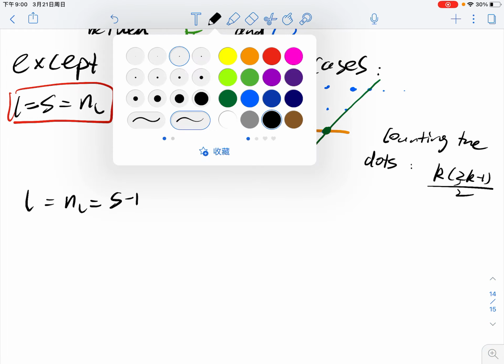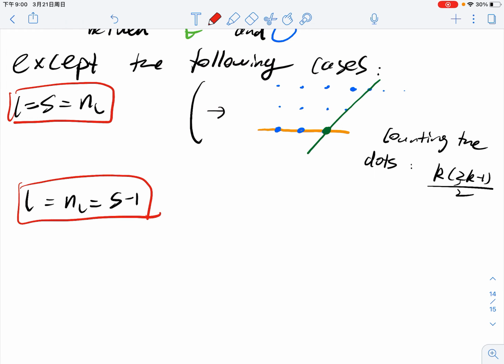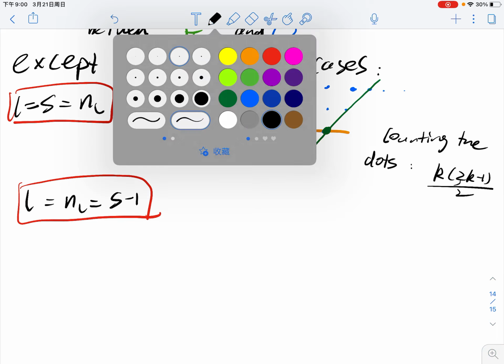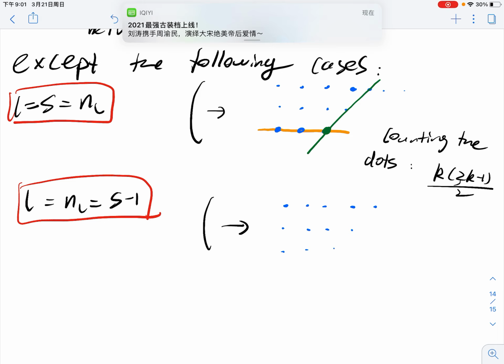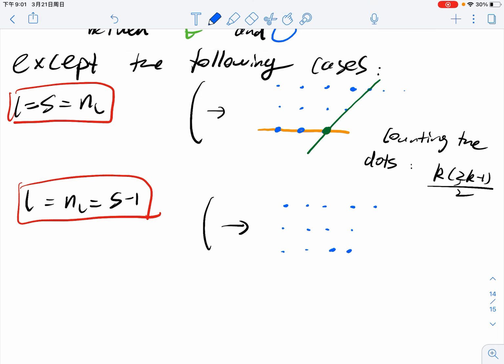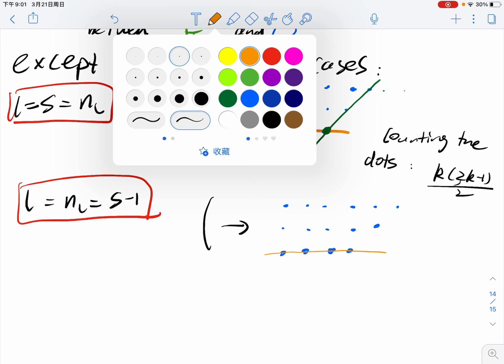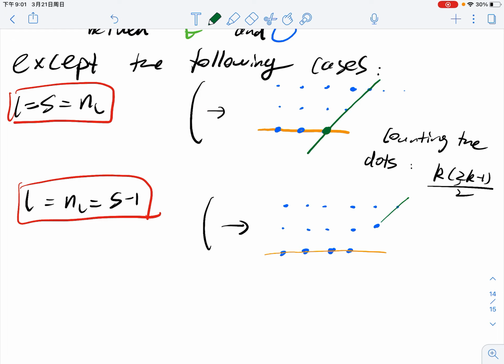So this corresponds to just like this shape.